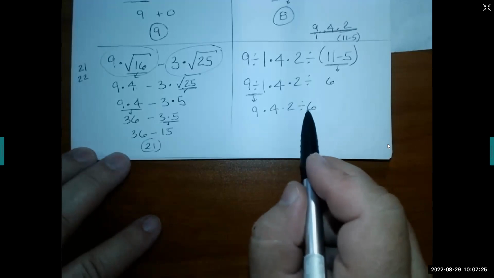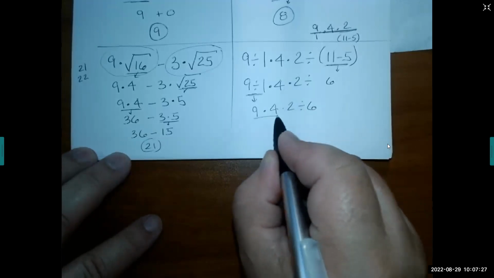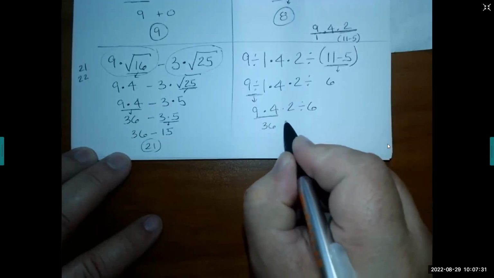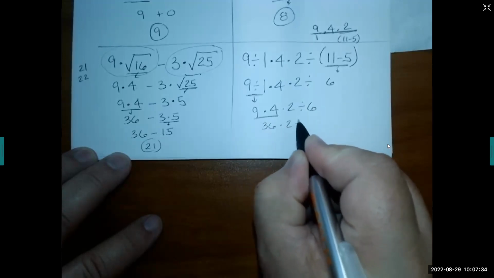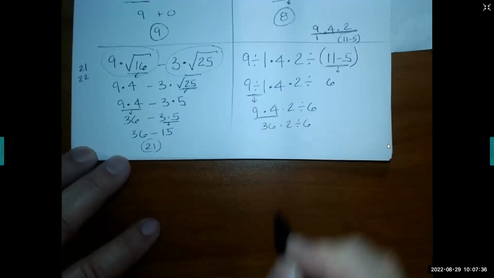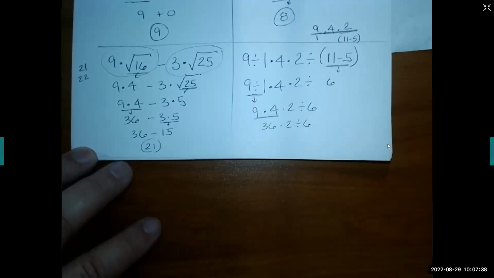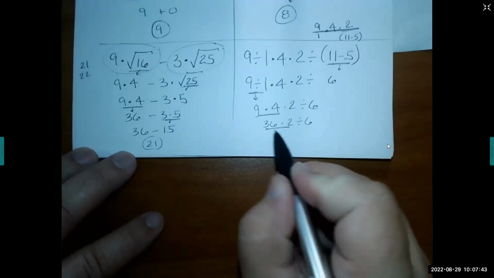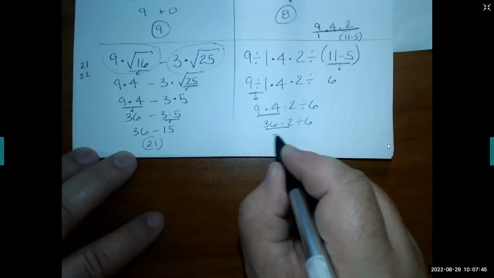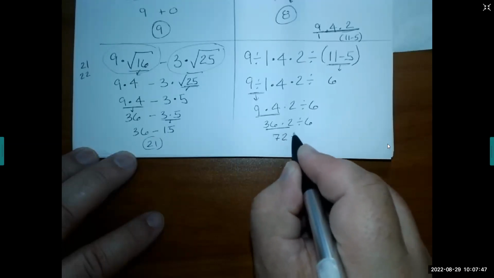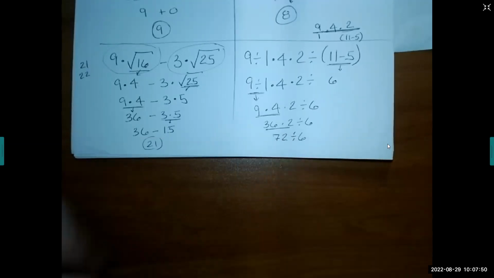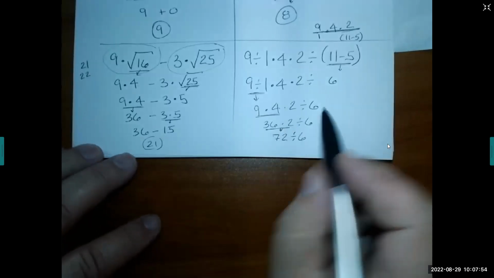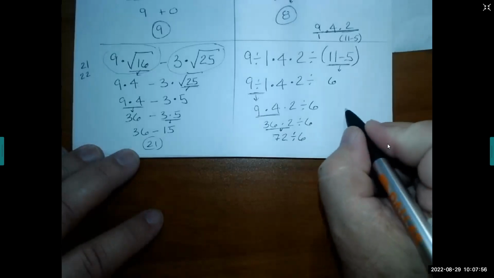Left to right, no special operations, multiplication division. 9 times 4, 36. 36 times 2 is 72. 72 divided by 6.